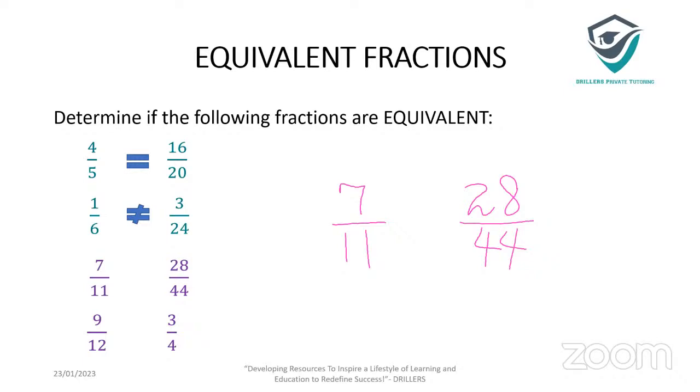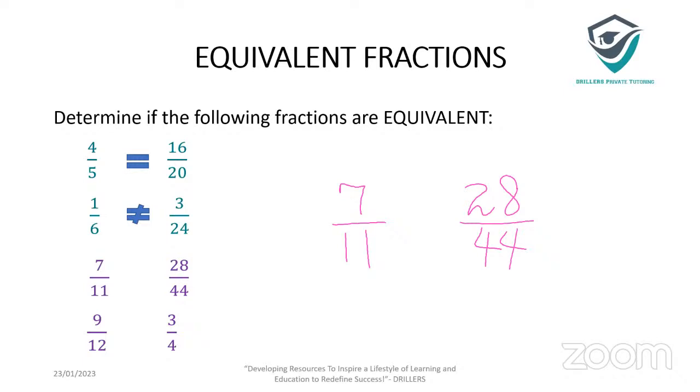In order to determine what number we're going to multiply or divide by, let's look at the first fraction. We have 7 and 11. If we consider either the numerator or the denominator, we can see that 7 is smaller than 28. If I want to move from 7 to 28, I have to multiply, because 7 is smaller and 28 is larger. So I ask myself, what do I have to multiply 7 by to get 28?